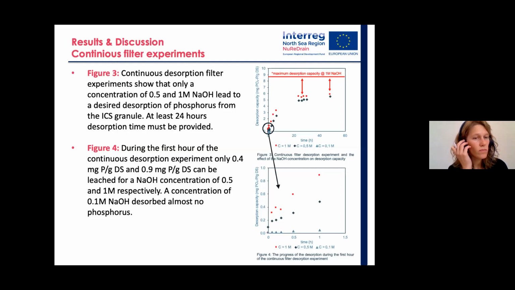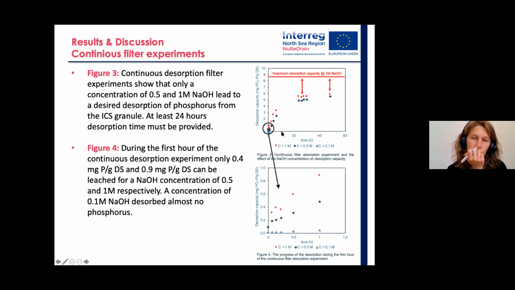So as you can see in figure 3, on the x-axis we have the desorption time, and on the y-axis again the desorption capacity, how much P can be released or desorbed from the granule.